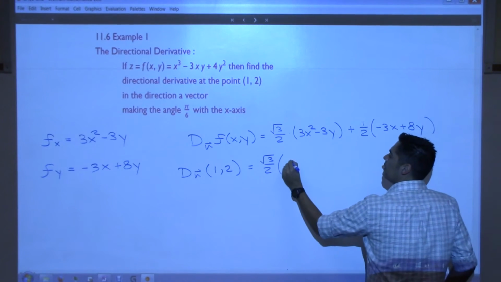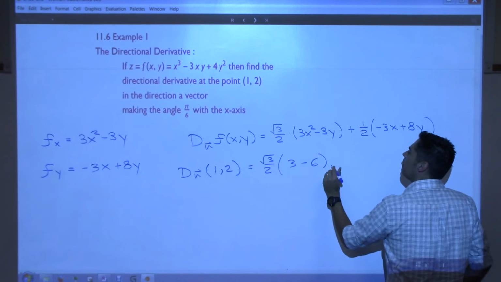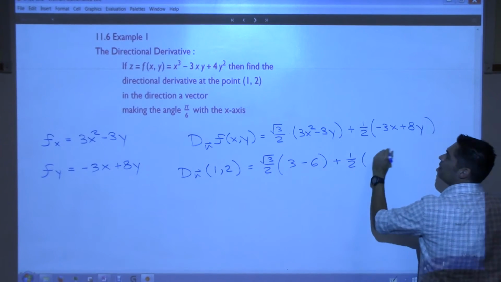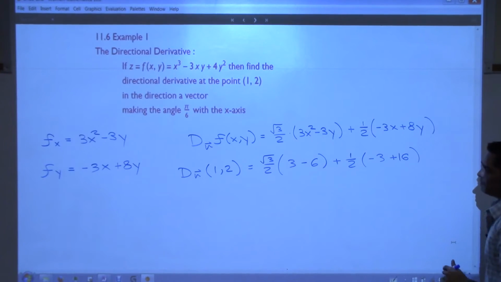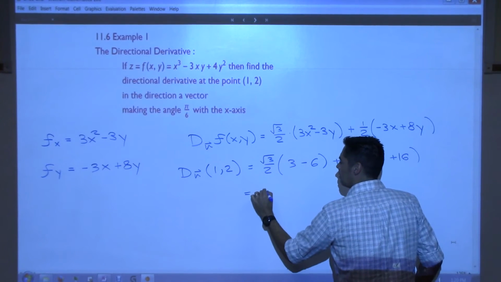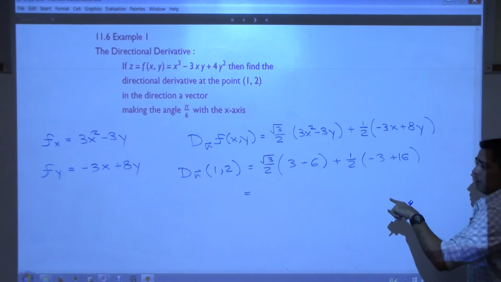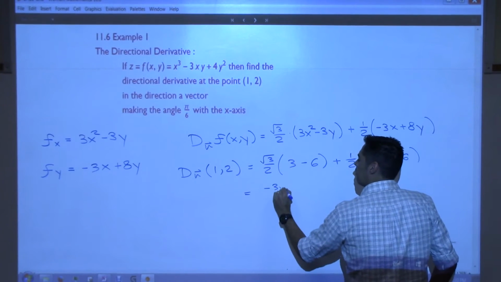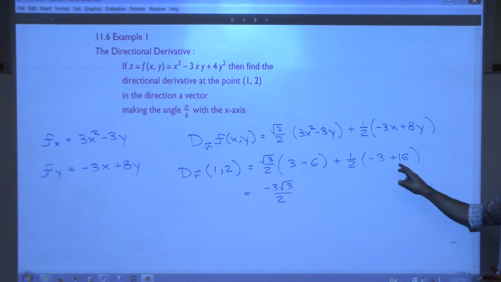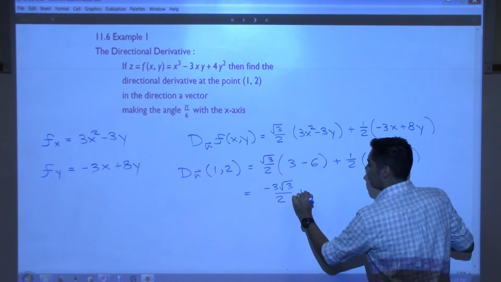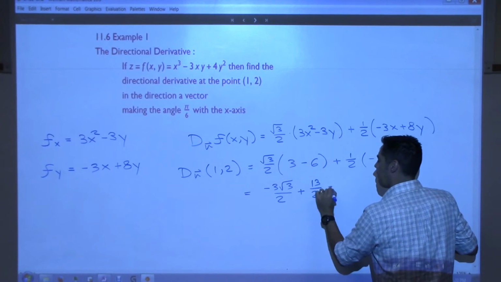So 3 minus 6, I believe, plus 1/2, negative 3 plus 16. Check my math. I'm working fast here. Negative 3 root 3 over 2, and then over here, 13 plus 13/2.